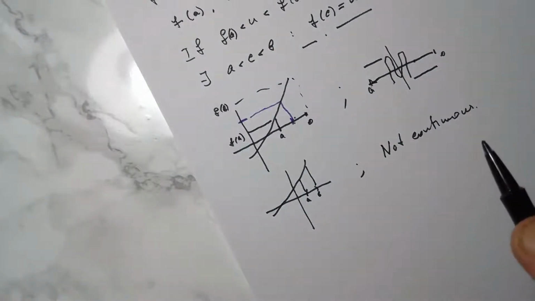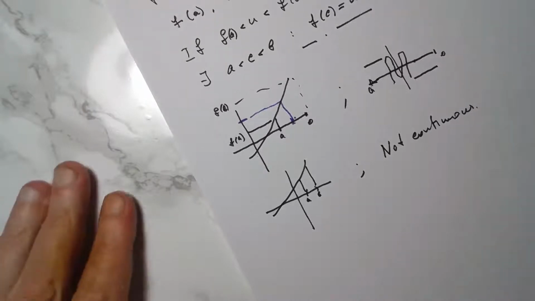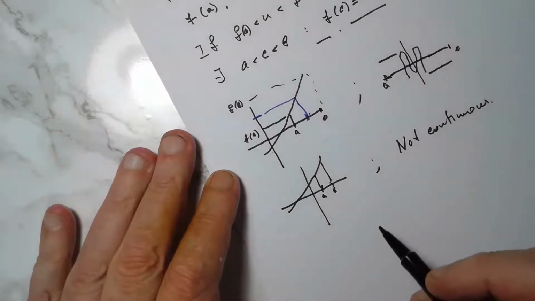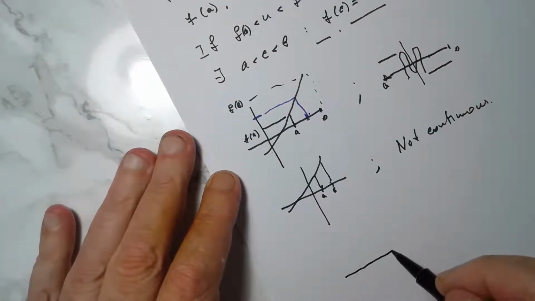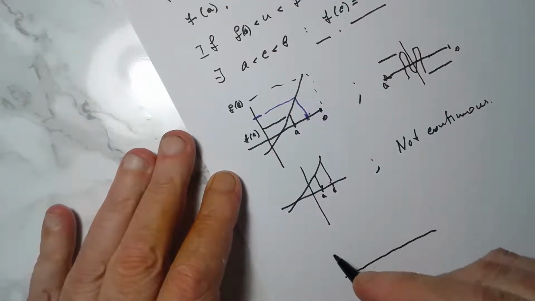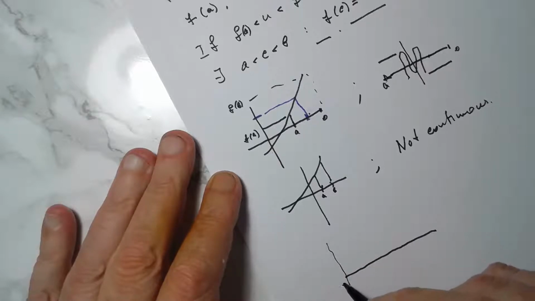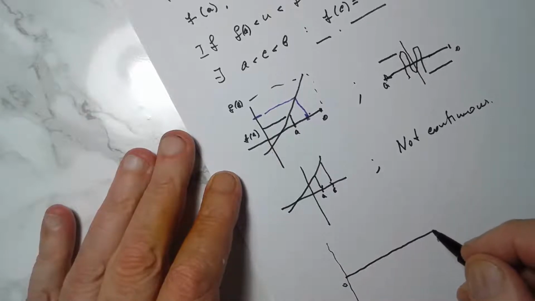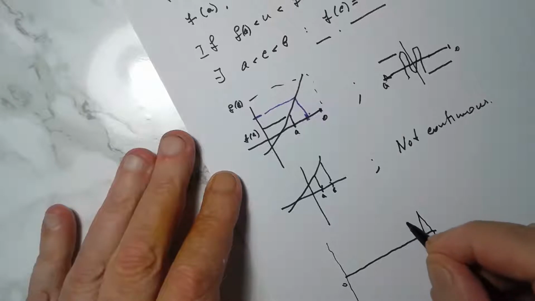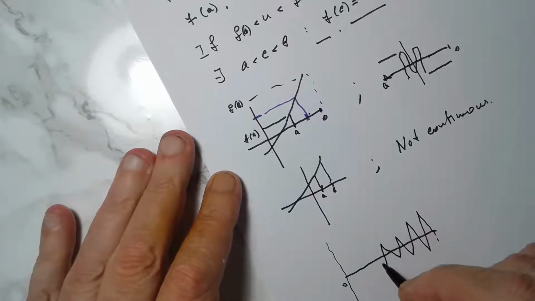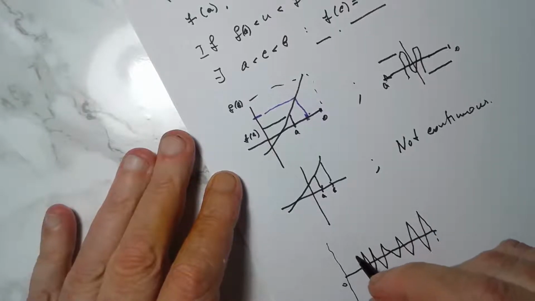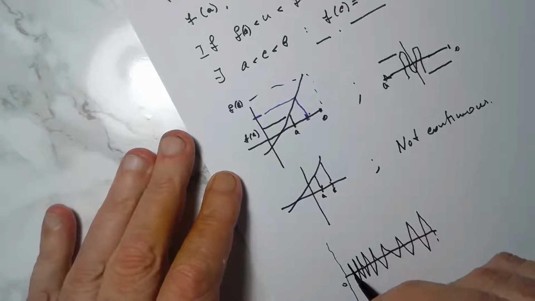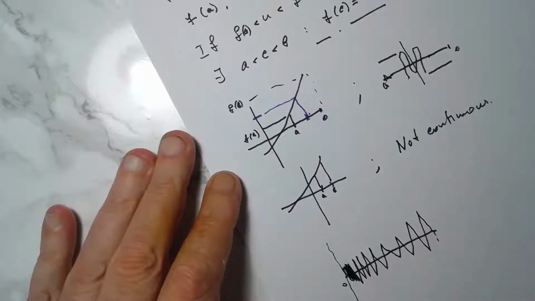Rudin actually gives an example that I will talk about in a second, but let me do his example a little bit my way. So what I'm doing is I'm taking a function like this. Let's suppose that this is 0 and this is 1, and my function will go like this. So as it comes closer and closer to 0, it will jump up and down infinitely often.